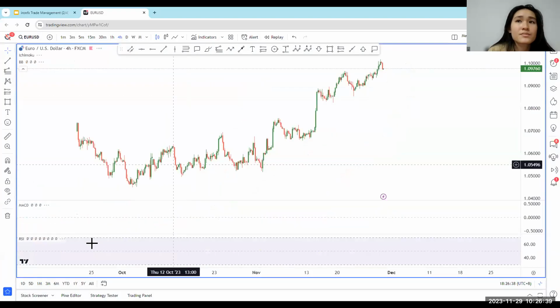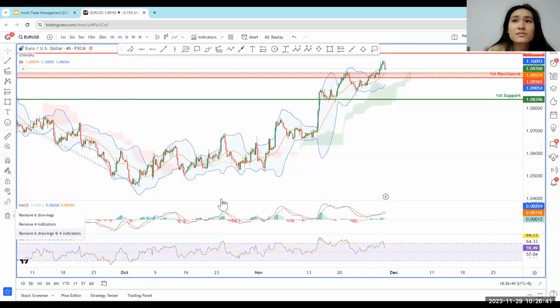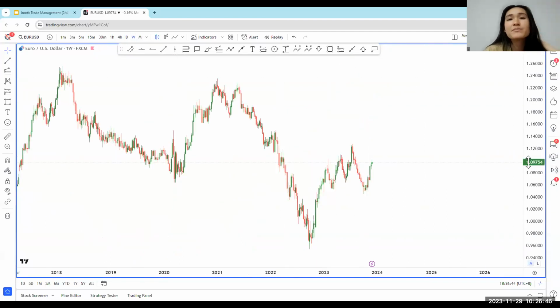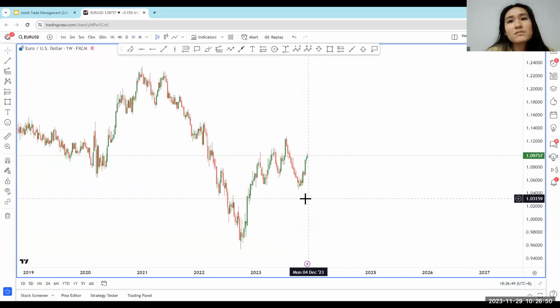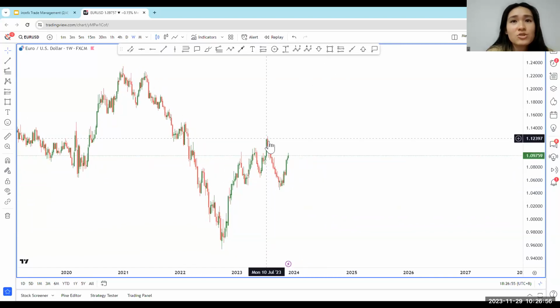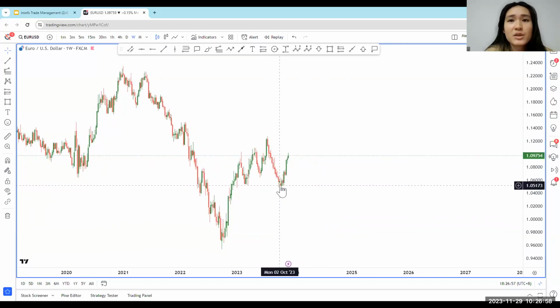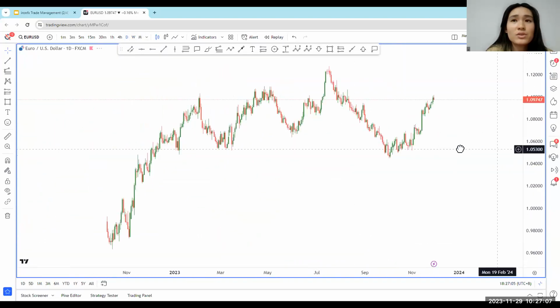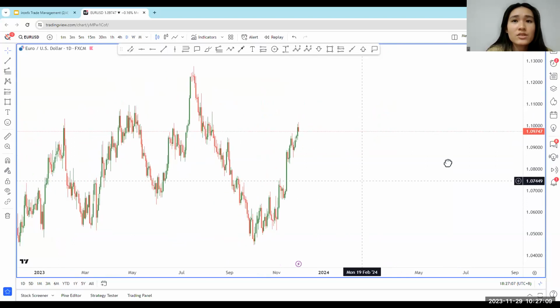On our weekly time frame, it does look like prices are rising recently. After this downtrend over here, there is a bit of an uptrend after the 9th of October. Now let's take a look. Our daily time frame is also pretty bullish.